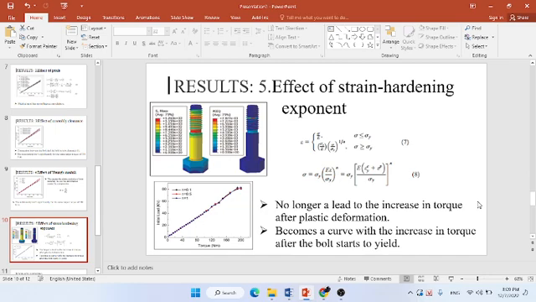There is no longer a linear relationship between tightening torque and initial load with the increase in torque after plastic deformation, but the torque initial load curve trends to become a curve at the top with the increase in torque after the bolt starts to yield.